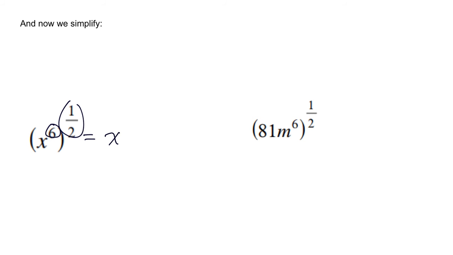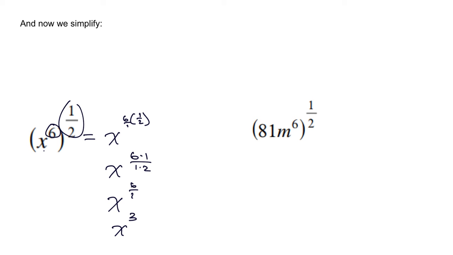So I have x as my base raised to the 6 times 1 over 2. I like to write my 6 over 1, so that helps me remember when I multiply fractions, I do it straight across: 6 times 1 divided by 1 times 2. Let's rewrite that: 6 times 1 over 1 times 2. And then I'll simplify that as 6 over 2. Simplify one more time, x cubed.